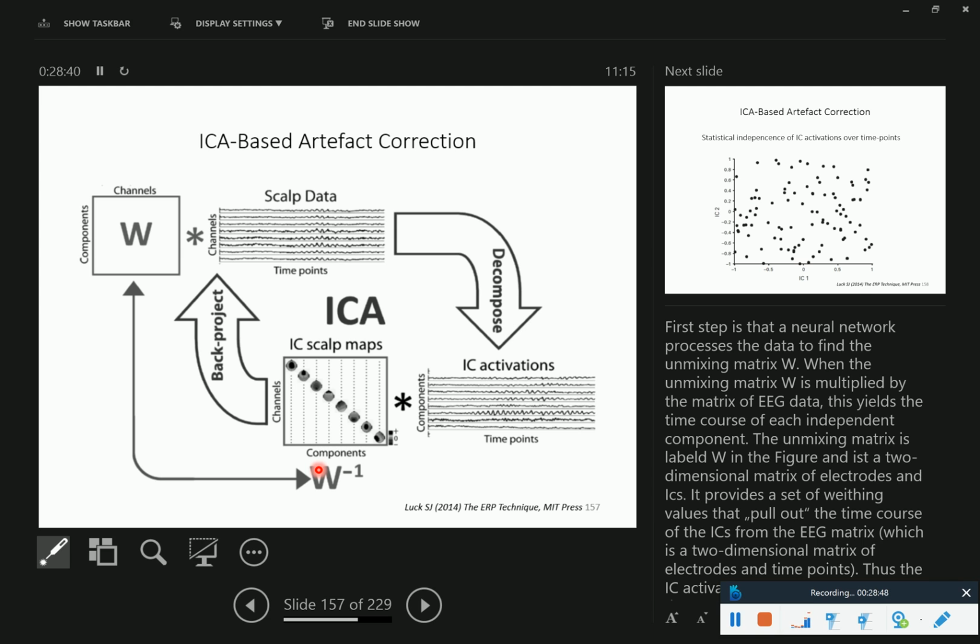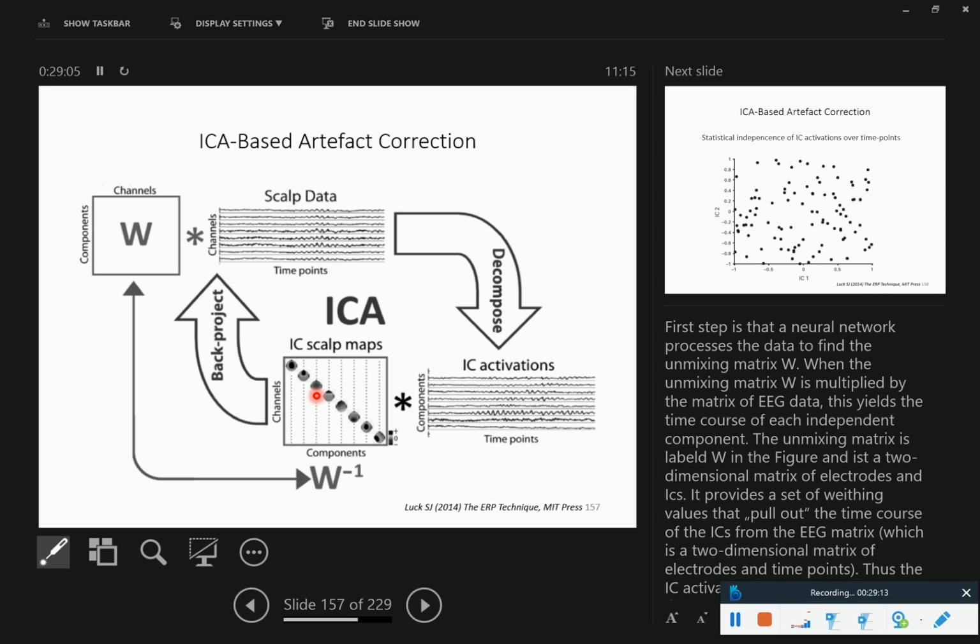But this is just due to the fact that the software automatically discards a lot of independent components that don't contribute to explaining variance in the data. And then you're only faced with the challenge of looking at like 10 independent components or so. But there are 64 independent components. If you have 64 electrodes, there are 64 of these weight maps.